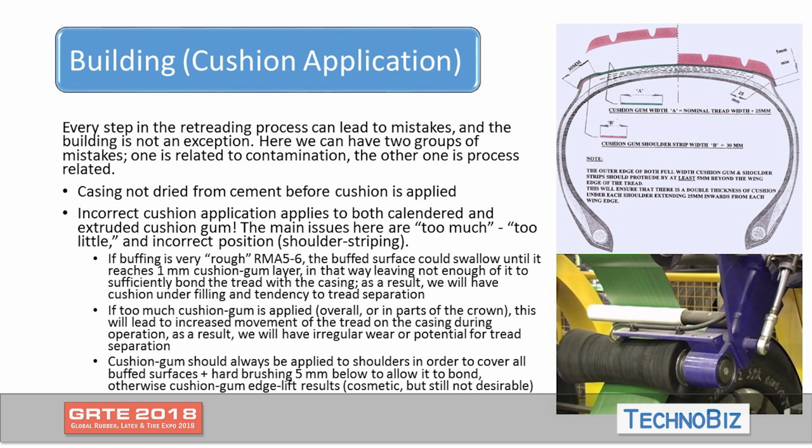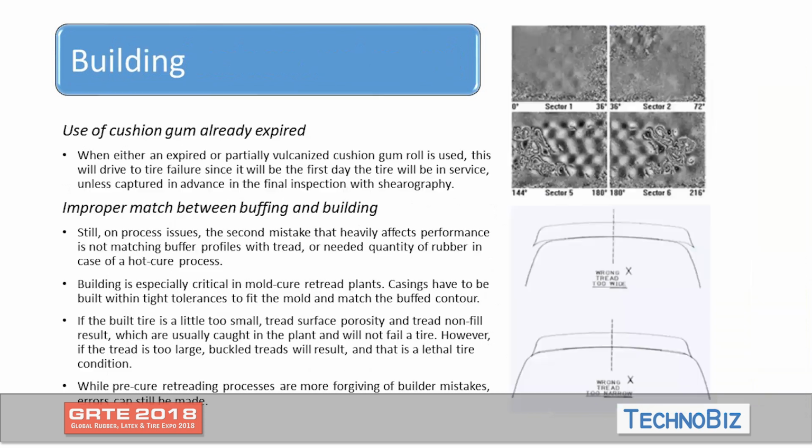Not only that, but gasification might give fire to the pressure chamber. So it's very important that when the casings are built with the cushion gum, the cement solution has to be completely dried. Next one.